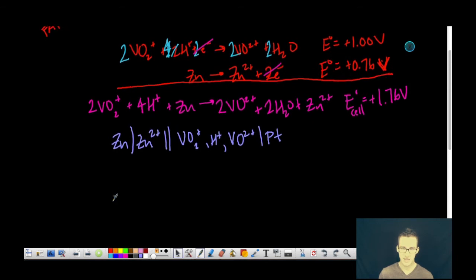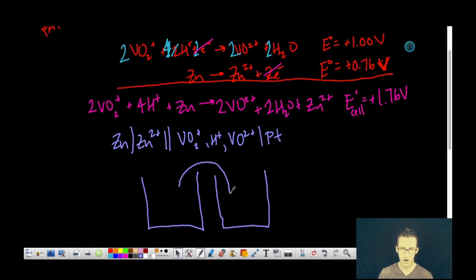All right, then lastly, let's draw a quick picture of our galvanic cell. We have our two beakers, or chambers, for our two half cells here. In the one on the left, I'm going to put my, you know what? Let's do this one on the right this time. I'm going to put zinc over here.